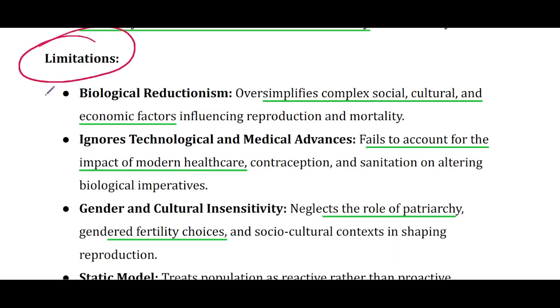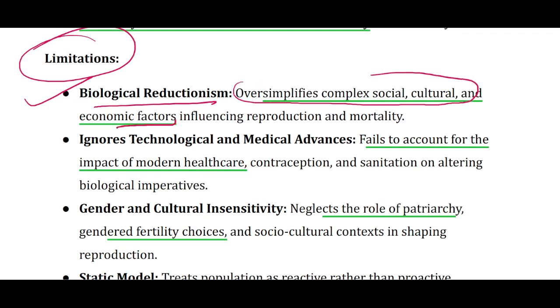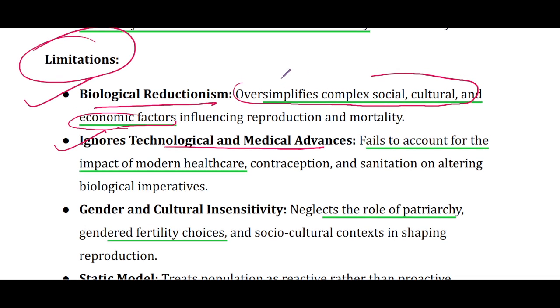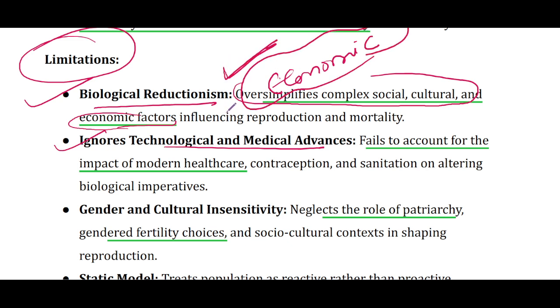Now the limitations. First thing, biological reductionism. This theory oversimplifies complex social, cultural, and economic factors, and it often overlooks technological and medical advances. It has failed to take economic factors into account as well, and these can also influence fertility and mortality.